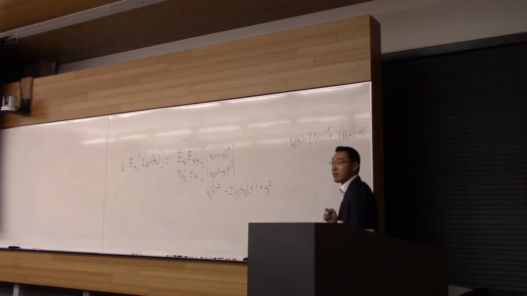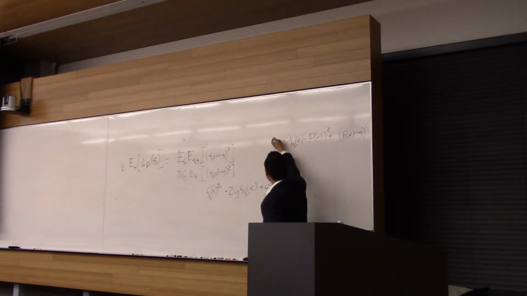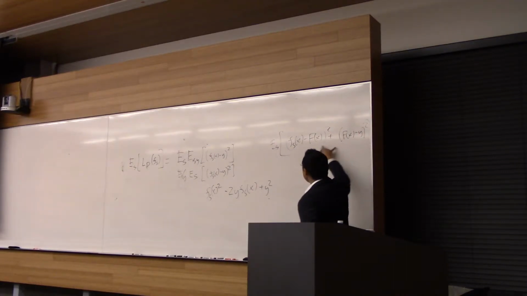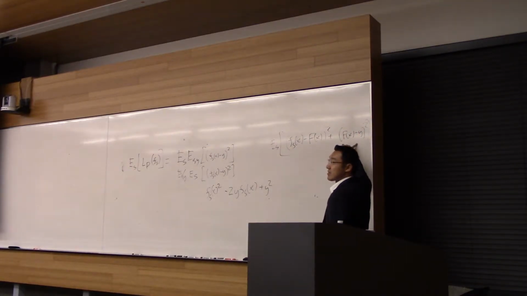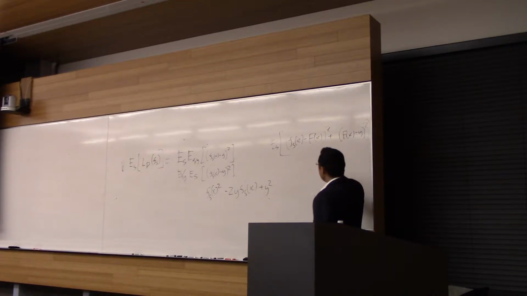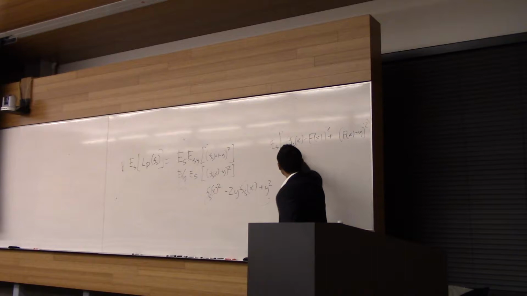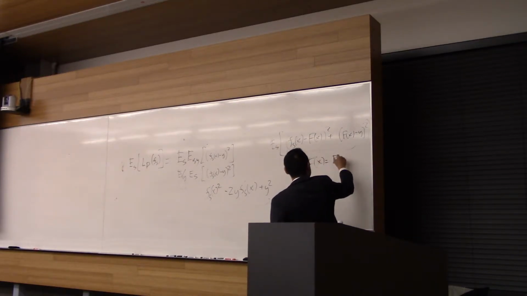That's what we want, right? This has an expectation over S. Of course, since this part doesn't depend on S, we could take it out of the expectation. So what we want is for this thing inside the expectation to be equivalent to this thing inside the expectation.